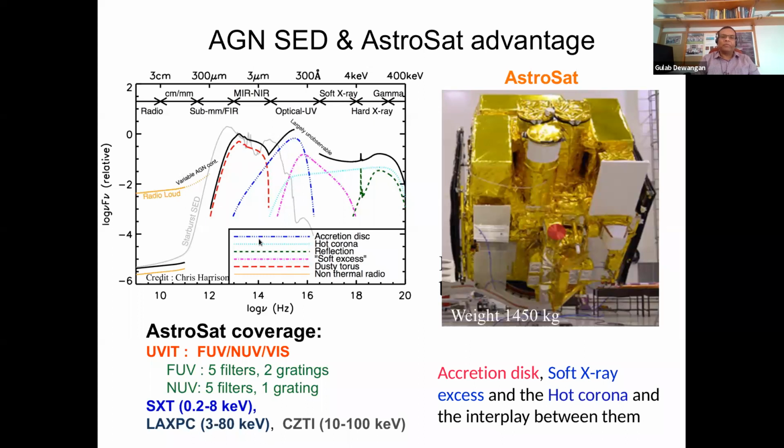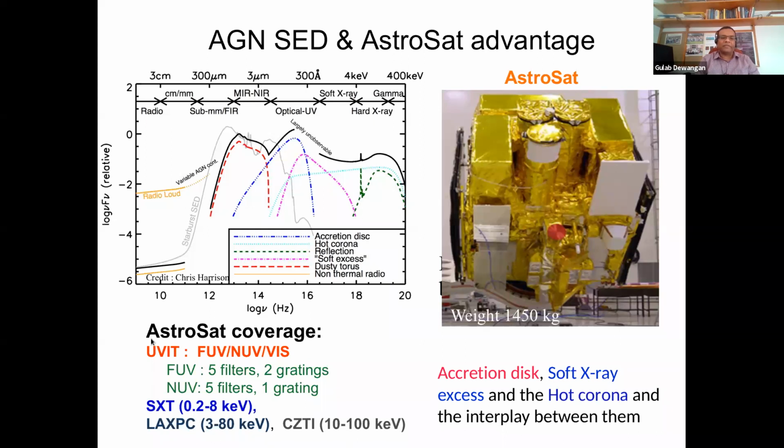Okay, and to probe the accretion disk, the soft X-ray excess, as well as the broadband X-ray continuum, AstroSat is a useful mission, particularly for nearby AGNs, where AstroSat sensitivity is such that one can study only nearby AGNs.